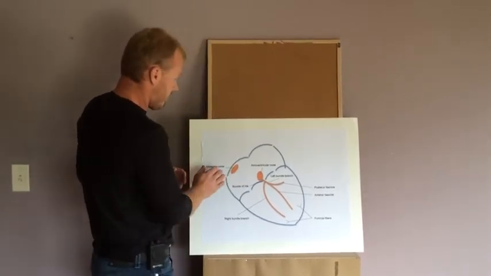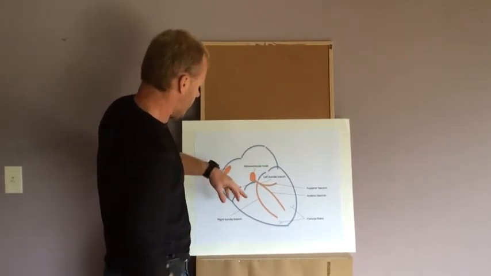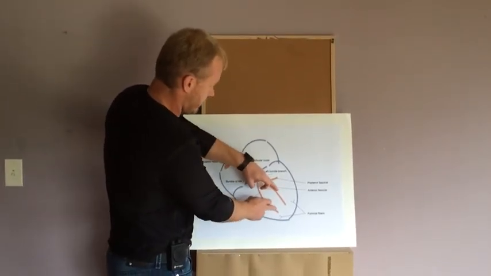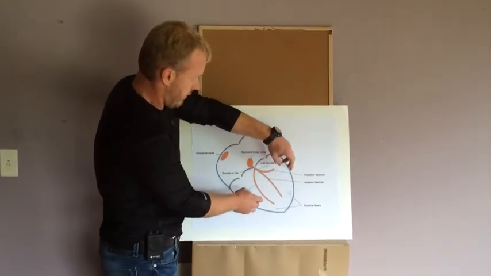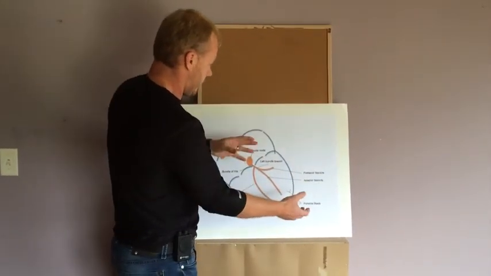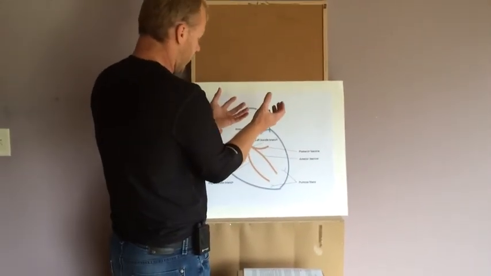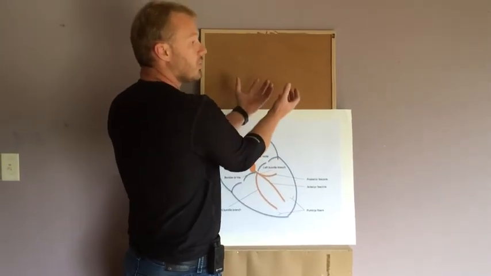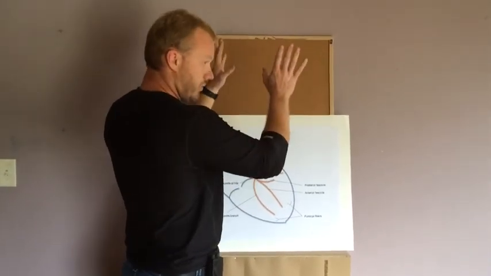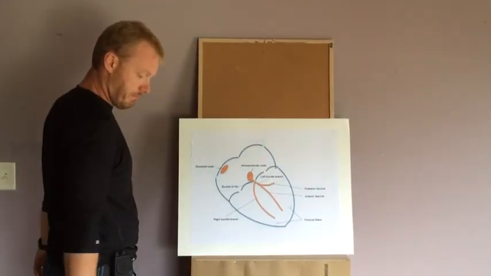Now that electrical impulse will make its way to the atrioventricular node, down the right and left bundle branches, and into the Purkinje fibers. Now, the electrical impulse when it gets into the Purkinje fibers will actually cause the heart to contract, forcing the blood from a downwards to an upward motion, which allows the ventricles to disperse the blood.